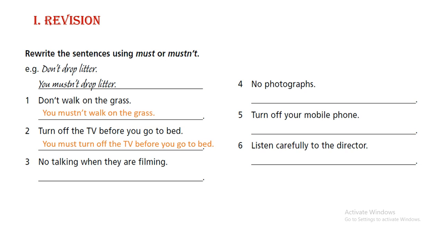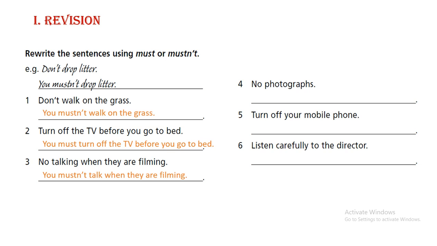No talking when they are filming. As must or mustn't doesn't go with verb ing, what are we going to do? We're going to say you mustn't talk when they are filming. So there is no verb ing.